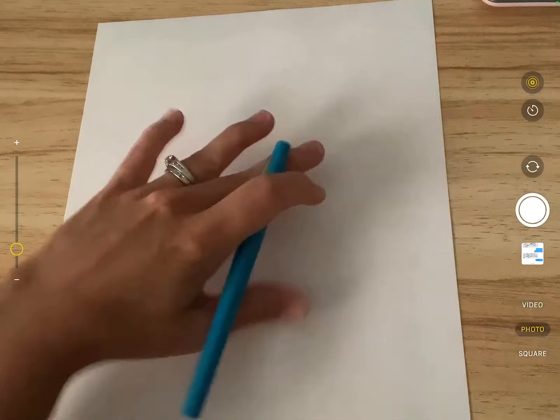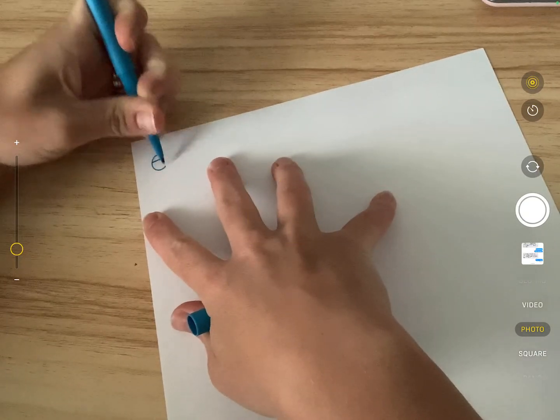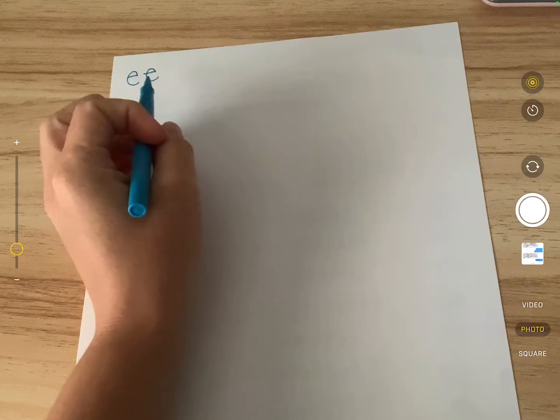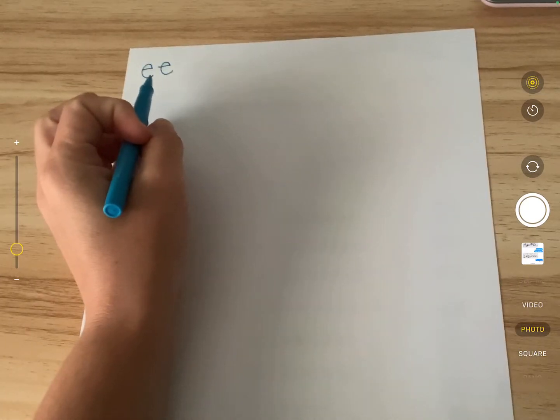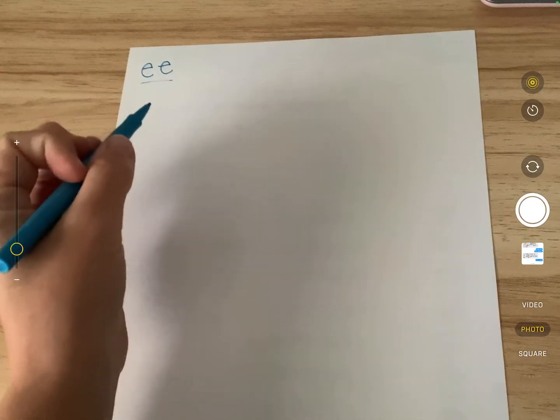Today we're going to review again, but this time instead of consonant digraphs, we're going to review vowel digraphs. I'm going to give you two letters, and here's a vowel digraph right here. What I want you to do is pause and say the sound that the vowel digraph makes.